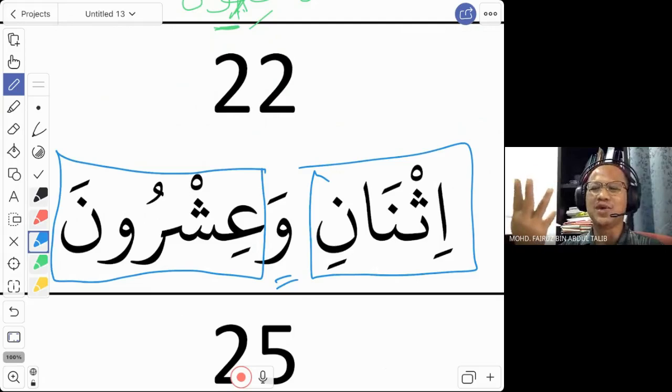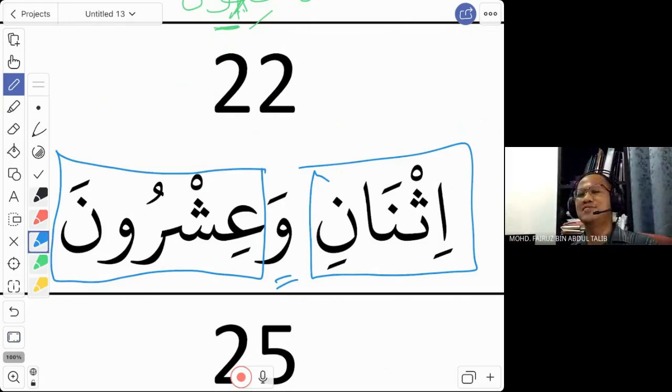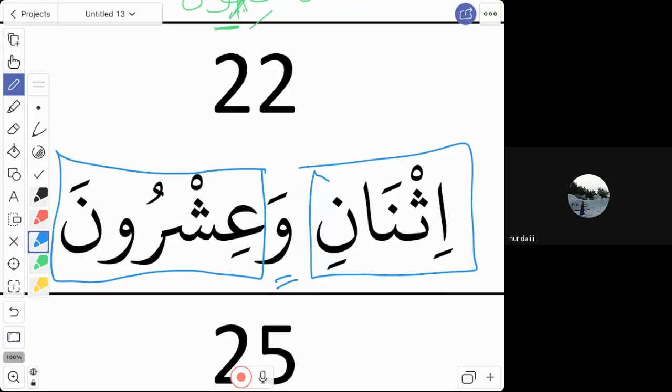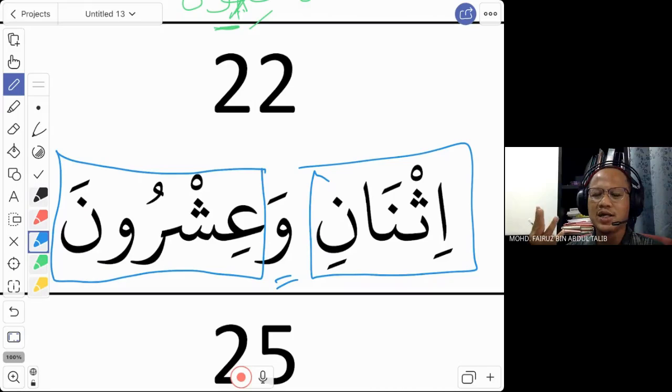How do you say 23? Try now, before we look at the word. Start with the number 3 and 20. Yes, anyone? Thalatha wa ishruna. Yes, sahih. Thalatha wa ishruna. Good.